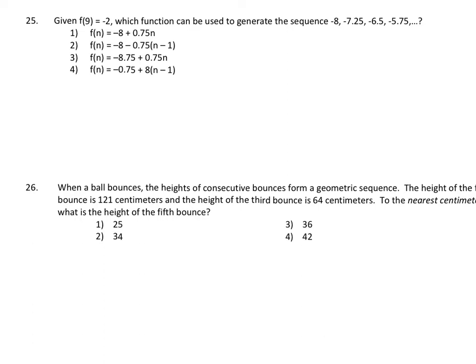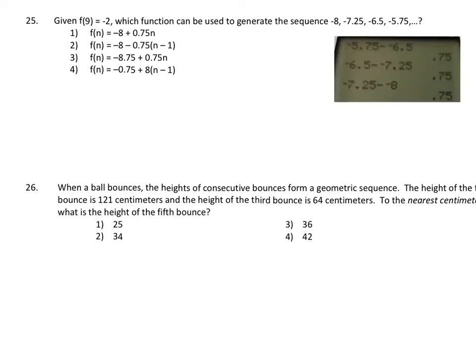I'm going to start with this term and subtract the term in front of it. Okay, so I just showed that in my calculator. I took this term and subtracted the term before it, and I got 0.75. Then I took this term and subtracted from it the term before it, and I still got 0.75, and I did the same thing with these 2 terms.